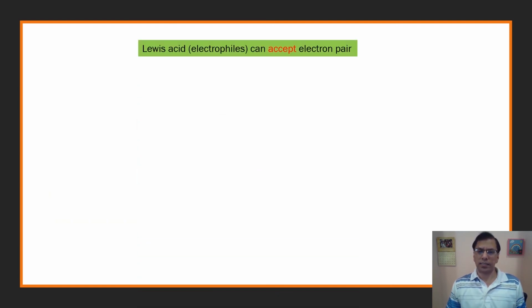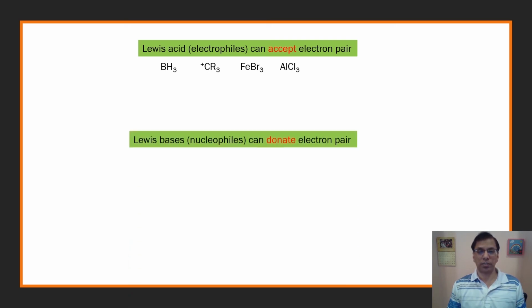So Lewis acids can accept electron pairs, and so they are called electrophiles also. Common examples are borane, carbocation is a Lewis acid, ferric bromide and aluminum chloride are other examples of Lewis acids. They all can accept electron pairs, and so they are good electrophiles.